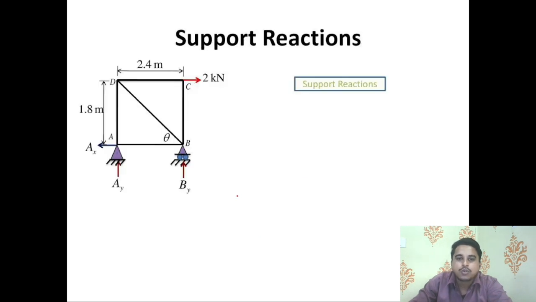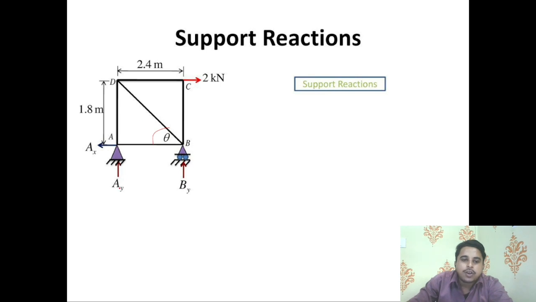Here you can see all the necessary details given. Whenever we go for FBDs, we can have these additional parameters, that is the angle between AB and BD.